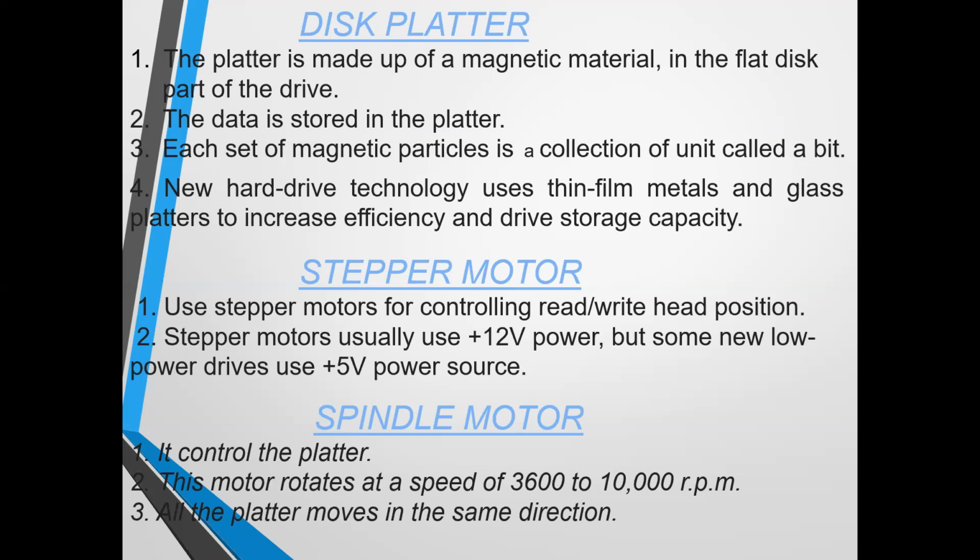So our stepper motor helps in controlling our spindles, to see that they do the rightful reading of information from our hard drive. Our spindle motor will help in controlling these platters because the platter keeps rotating.